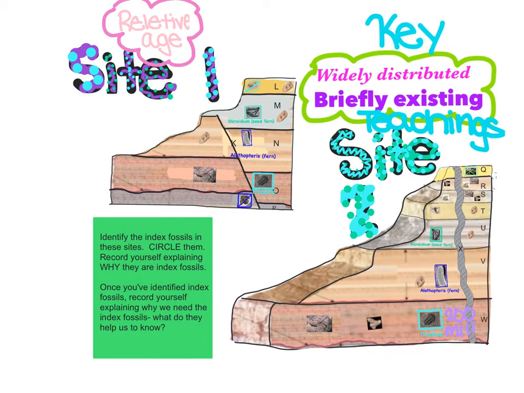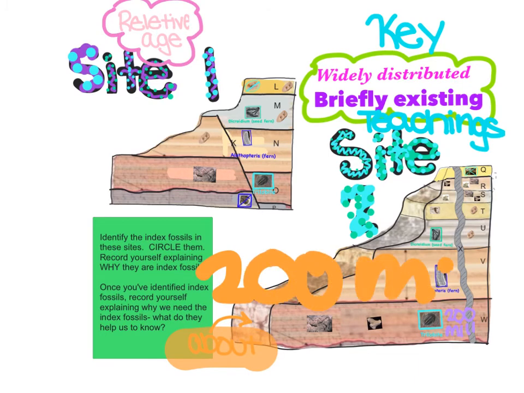And since an index fossil helps us to find the relative age of other fossils in the rock layer the index fossil lies in, the relative age of the rock layer the index fossil is in would be about 200 million years old.